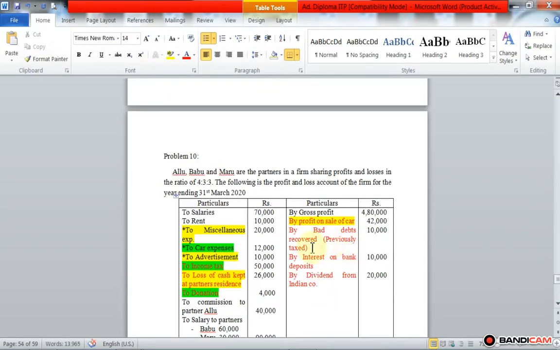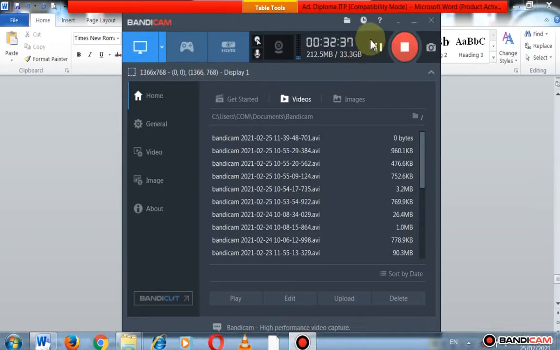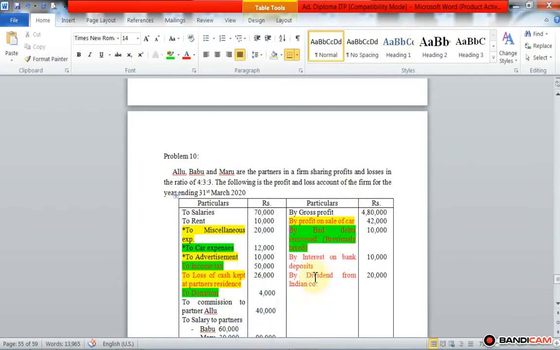Then bad debts recovered previously taxed. It is also income from other source, because previously the bad debt loss is disallowed. Bad debts recovered and previously taxed means a bad debt which was previously disallowed is recovered in the current year.